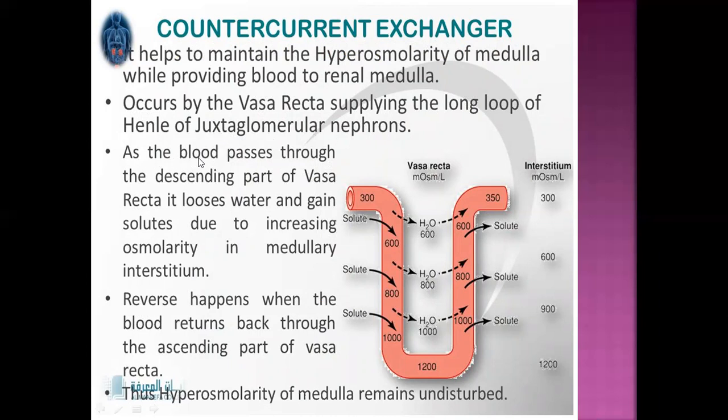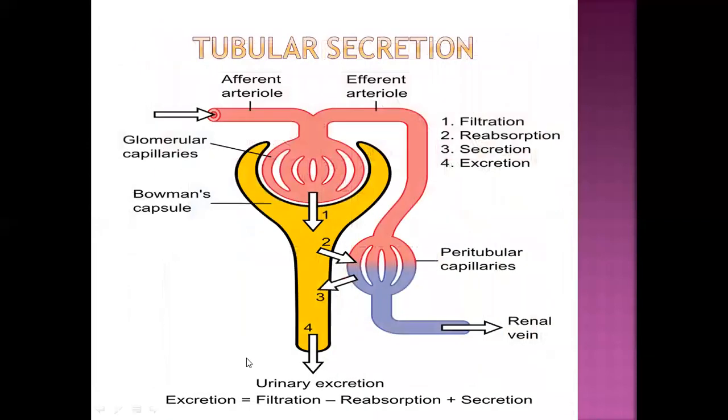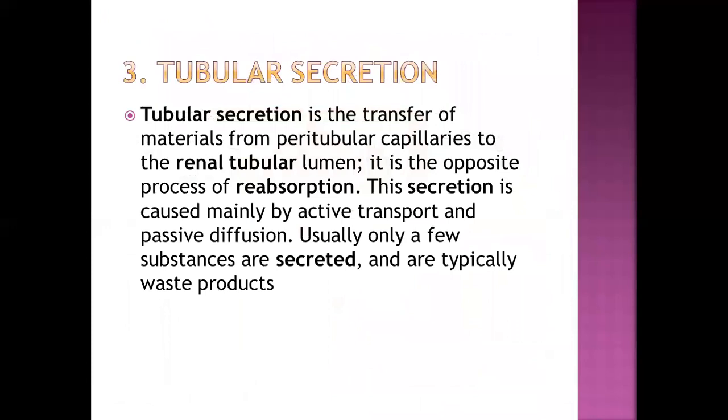As the blood passes through the descending part of the vasa recta, it loses water and gains solutes due to increasing osmolarity in the medullary interstitium. The reverse happens when the blood returns back through the ascending part of the vasa recta. This is the process of balancing here.